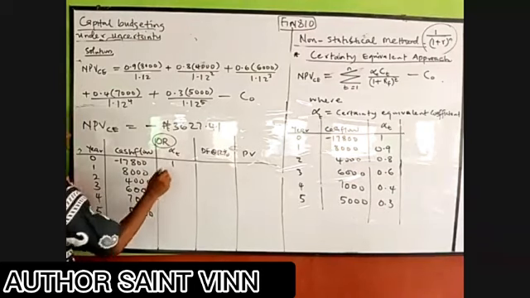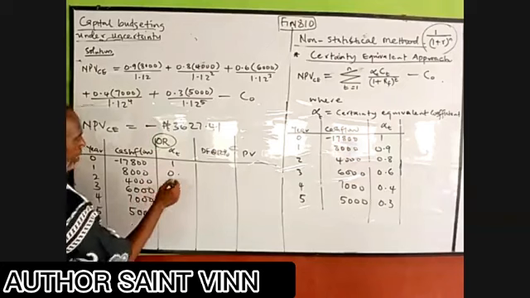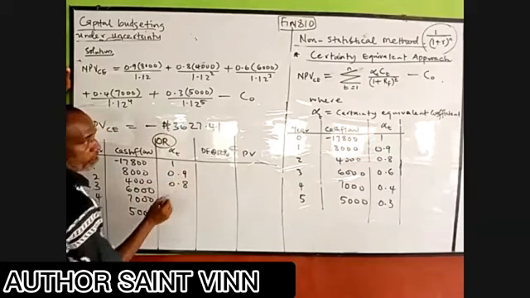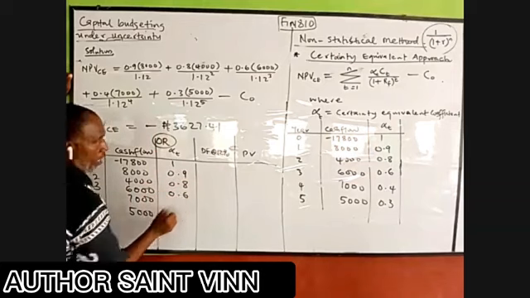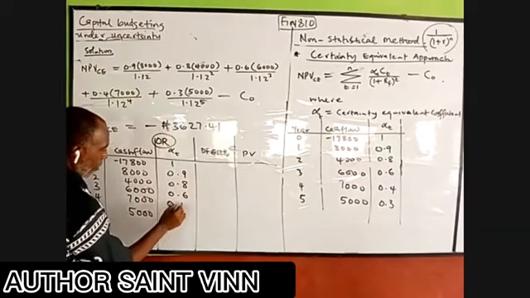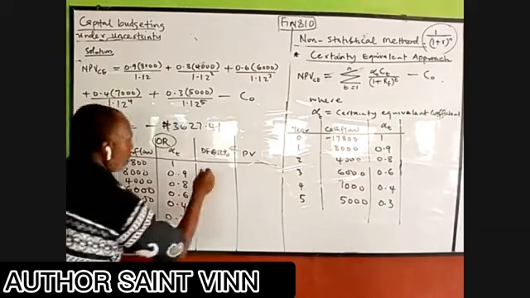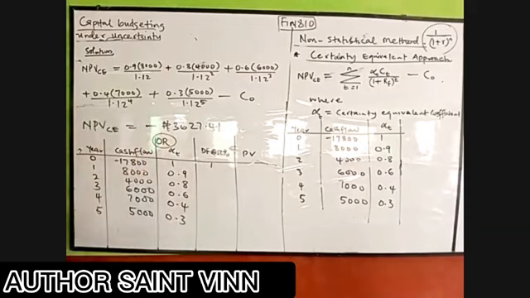And these were given: 0.9, 0.8, 0.6, 0.4, and then 0.13.